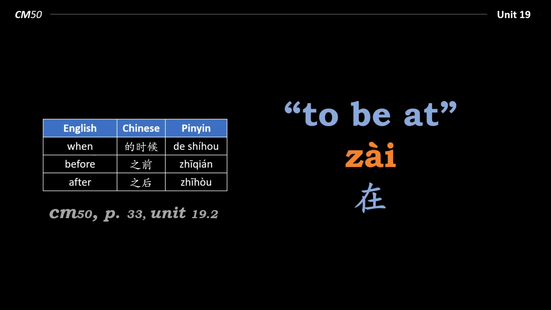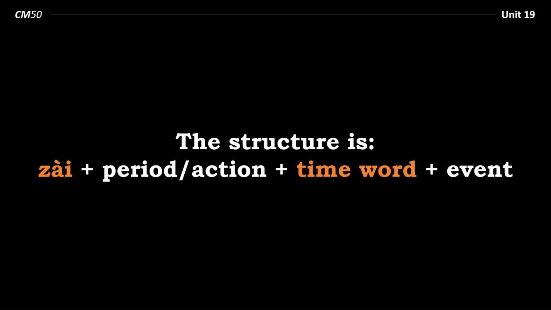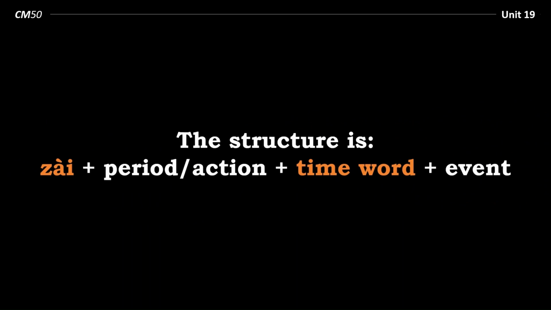So the structure to indicate when something is located, where it's located on the timeline, is this. 在, and either a period or an action, then the time word, and then some kind of event, some additional information.